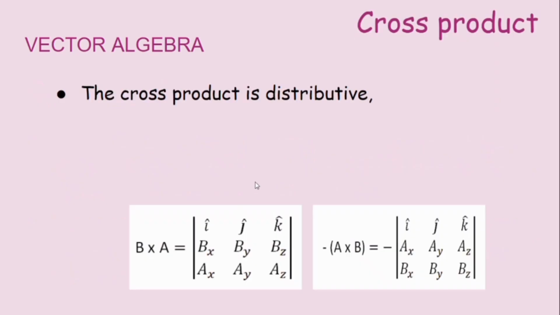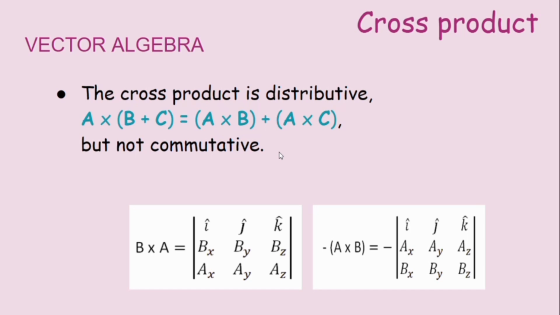Now the cross product is distributive. That means we can take the cross product of A with the sum of B plus C, and we can also take the cross product of A with B and C separately and then sum up the products.